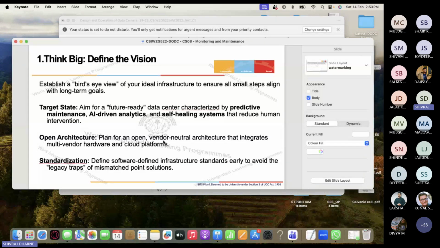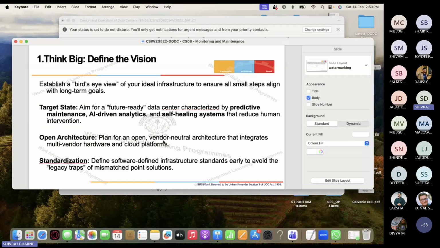And we need to go for an open architecture, meaning plan for an open vendor neutral architecture, right? That will integrate multiple vendor hardware and cloud platforms. You don't have to rely on one vendor who provides you the architecture and hardware or software, right? So standardization is very key.